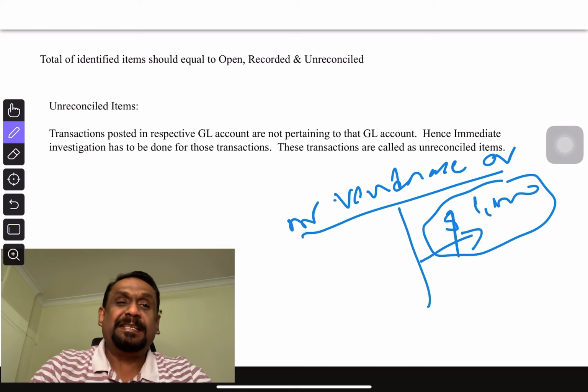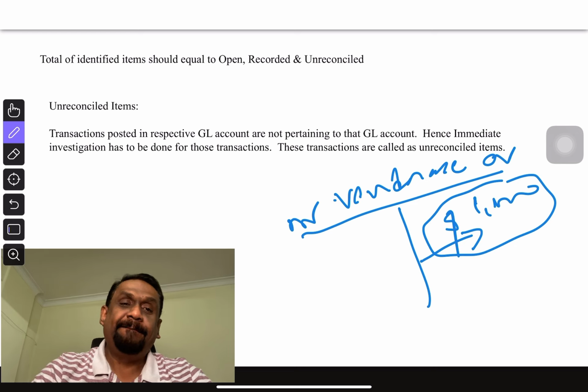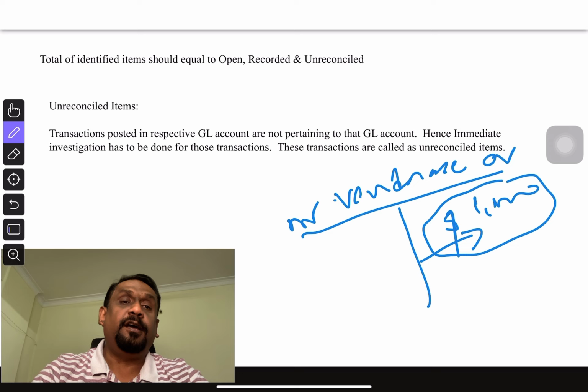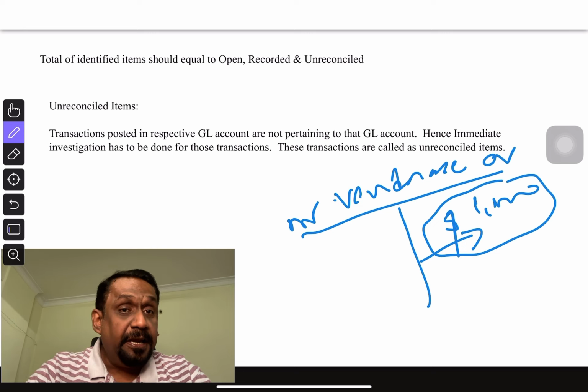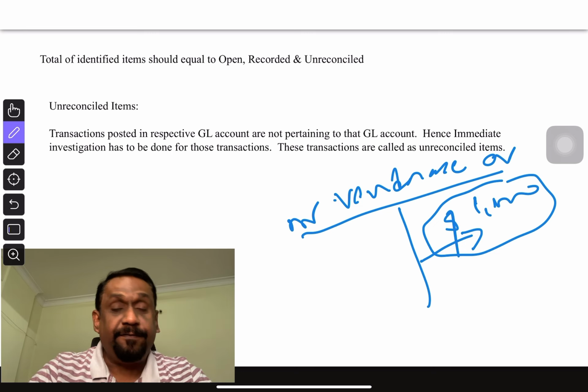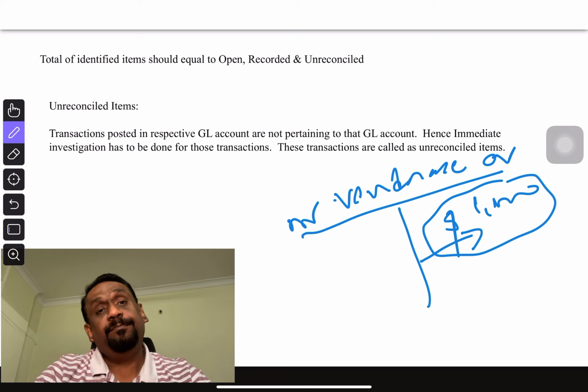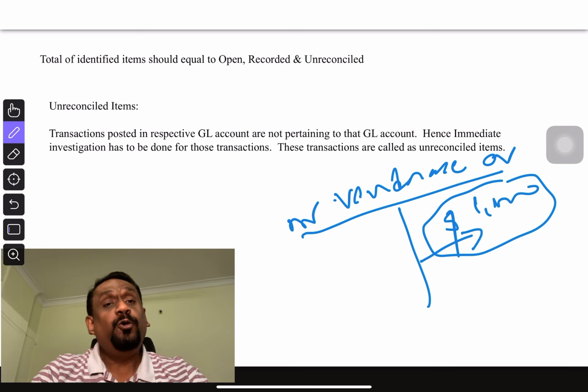Same, let us take an example of a relative. This time, you went home, you saw a person sitting in your living room, but you don't know him. He is neither a relative of yours nor a relative of your wife. But somebody is sitting there in your living room. What do you do?